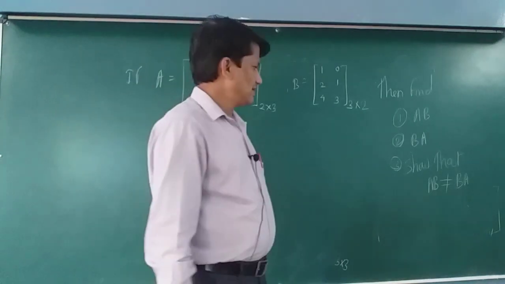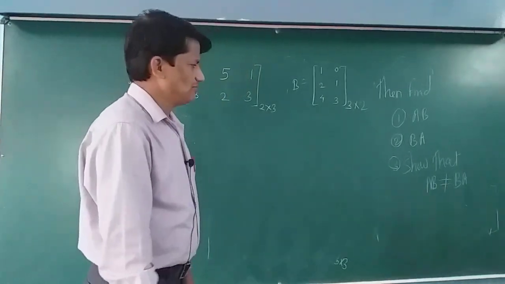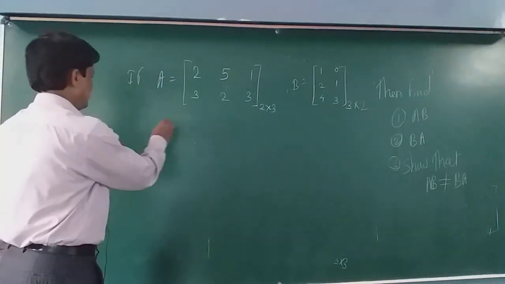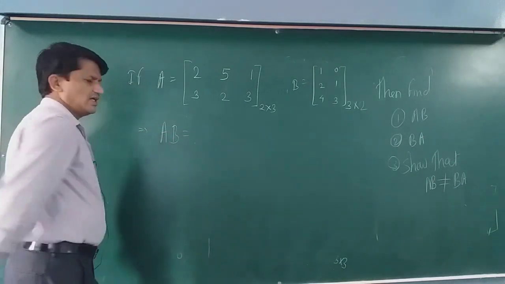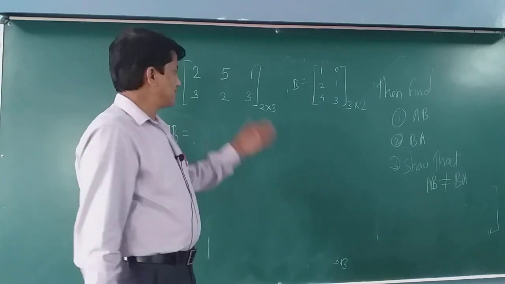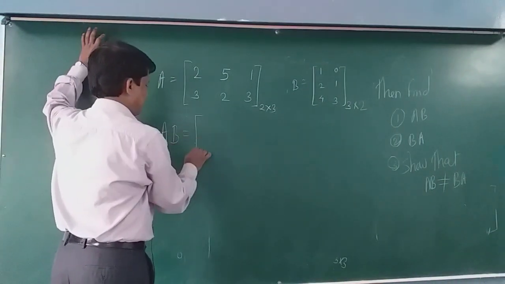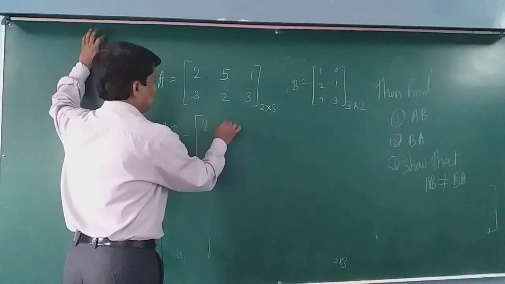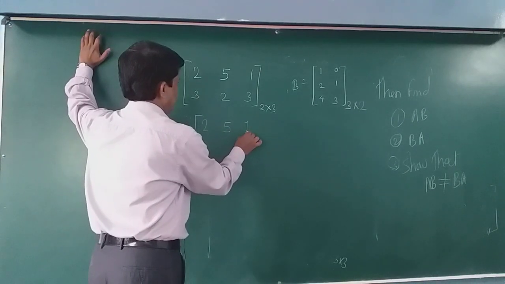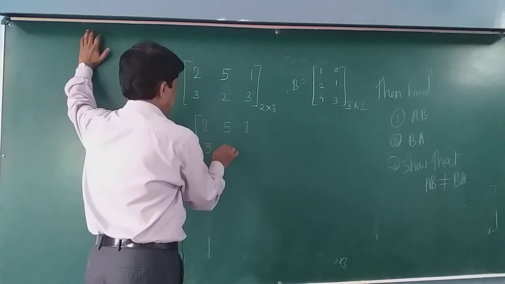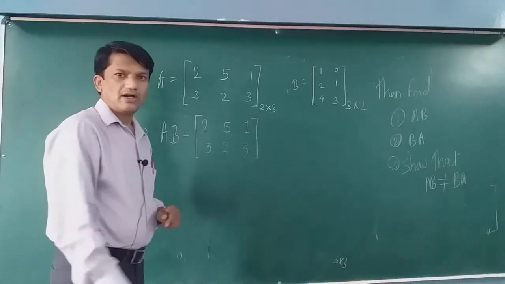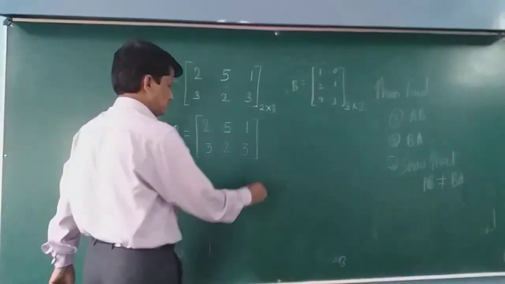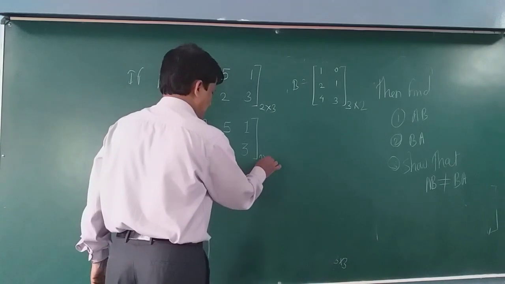Let us see whether AB is possible or not. For the answer to this, let us find AB. What is our A matrix? The A matrix is given here. I am writing here 2, 5, 1, 3, 2, 3, and the order of the matrix is 2 by 3.